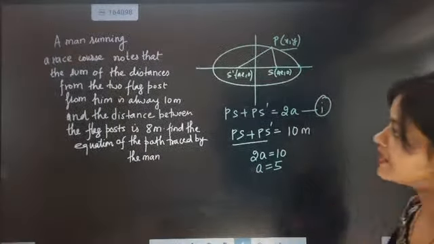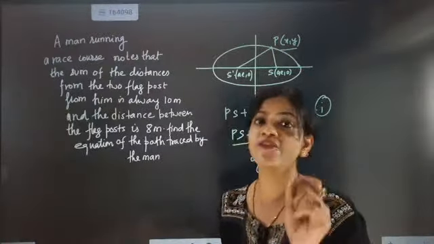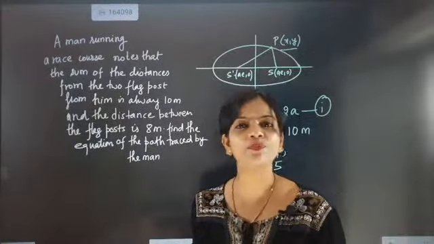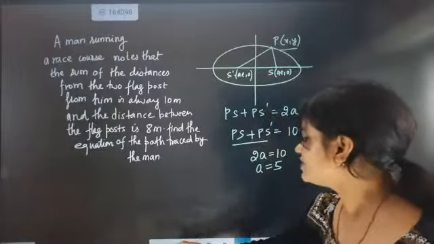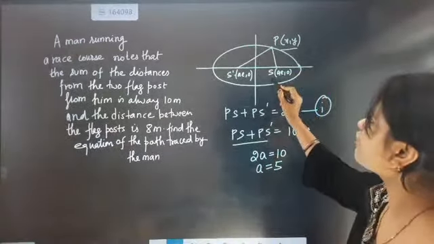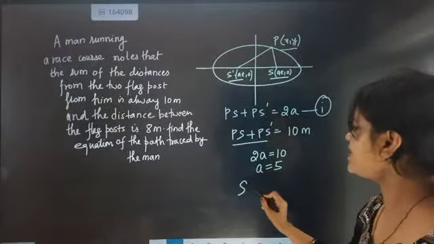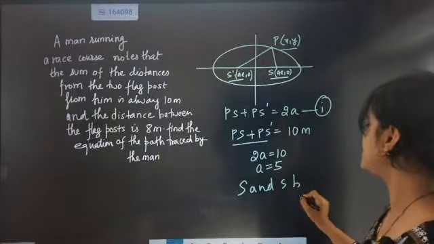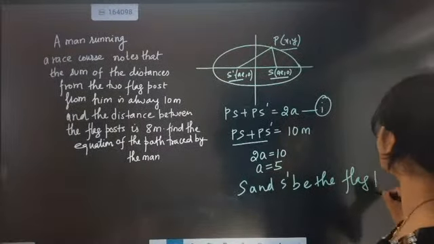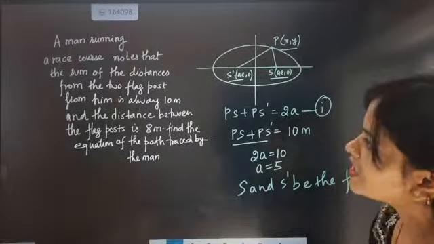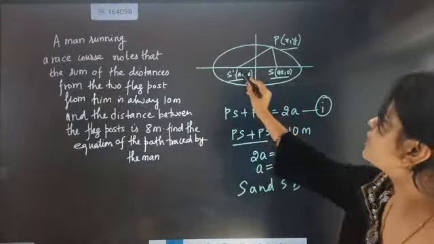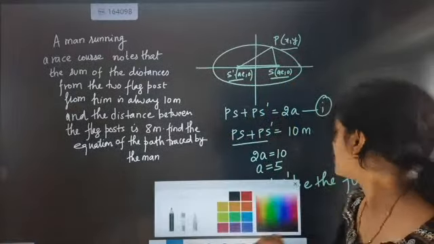And after that they are telling that two fixed flag posts are there. You have to understand that the flag post is no other point than the focus point. So S and S' are the flag posts.